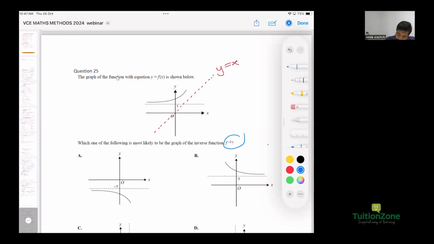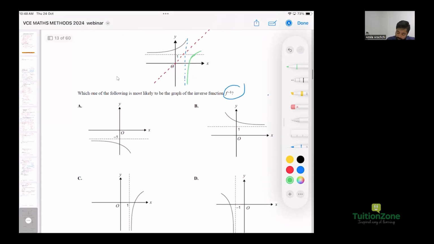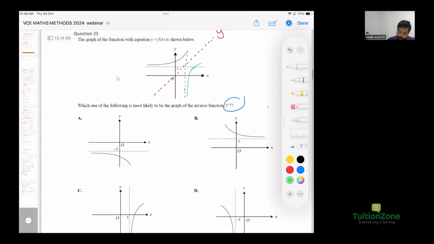I was going through the asymptote here, and based on that, your graph is roughly something like this. Something like a turning shape. Which is the closest answer? It is C, isn't it? Only option is C.